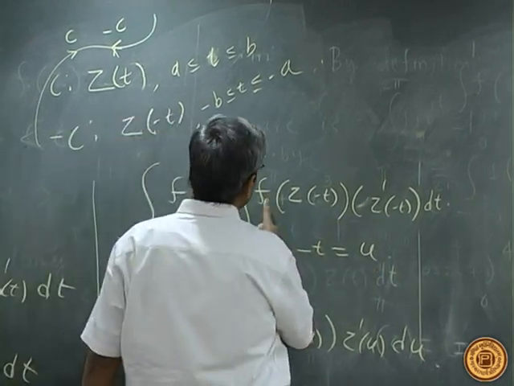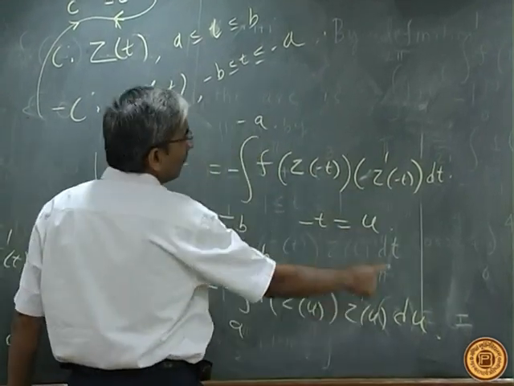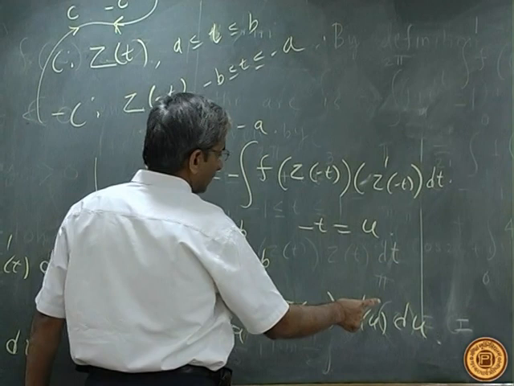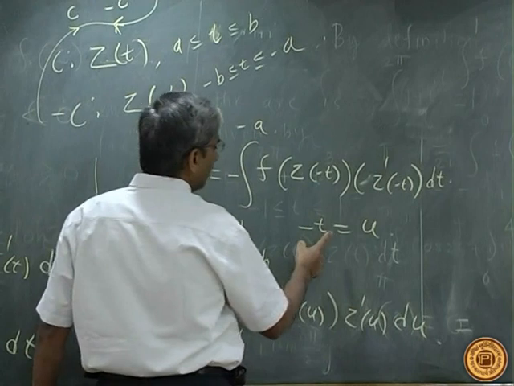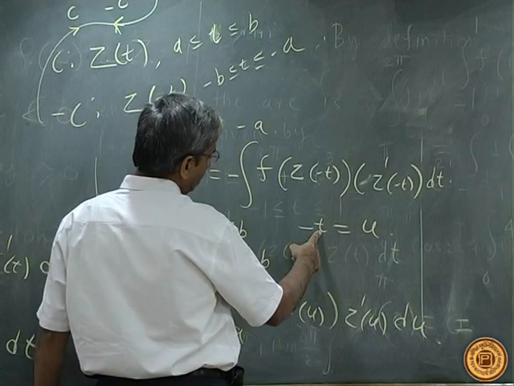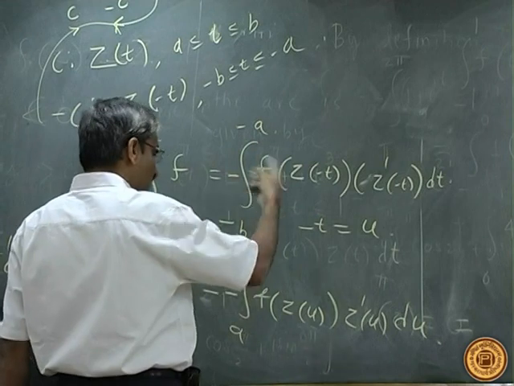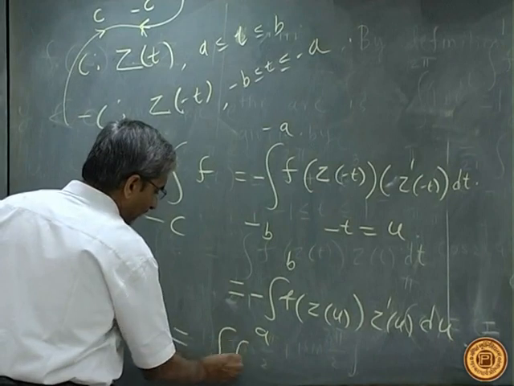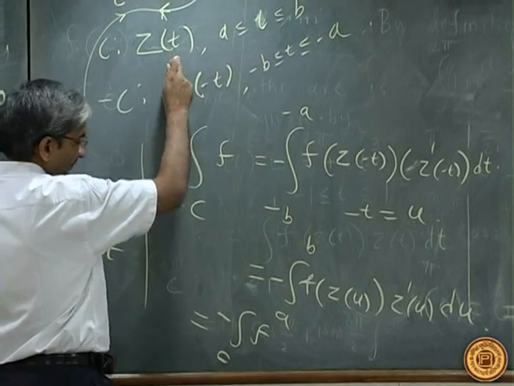You will get f(z(u)) z'(u), and dt equal to -du. So you get minus minus, which is plus once, and then du. But when you put t equal to -b, you get u equal to b, and then a. Then to change the limits to a to b, you get one more minus sign. So this is minus the integral of f over c, because now this is from a to b, so this is over c.